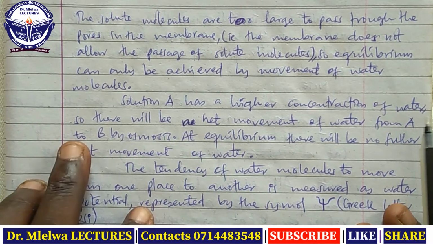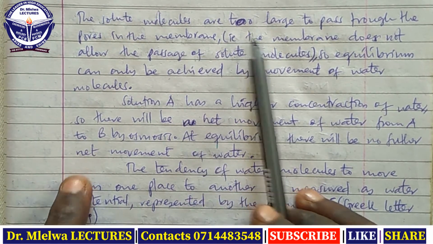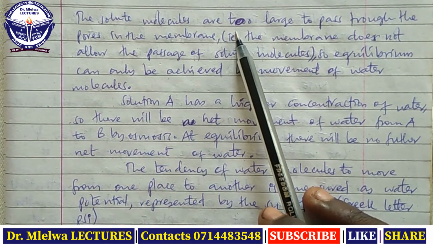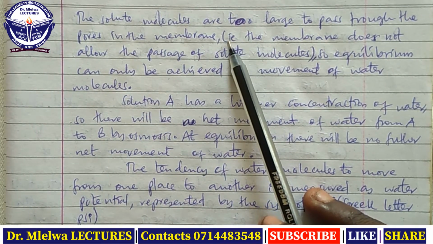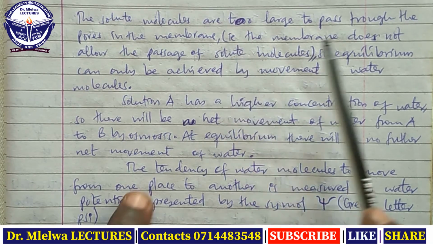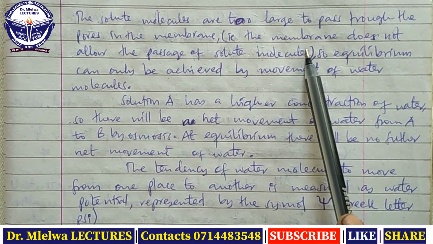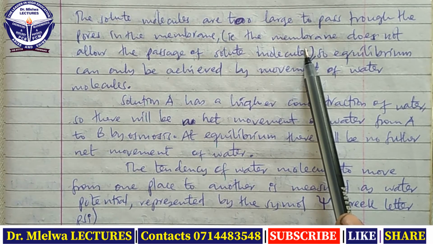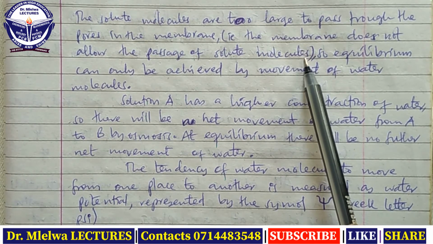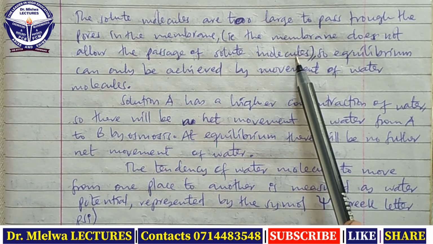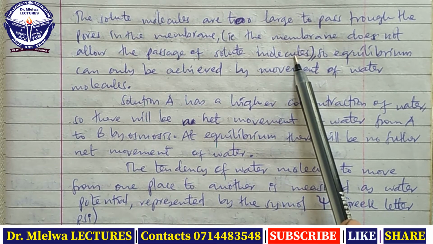Now we are saying that the solute molecules are too large to pass through the pores in the membrane, which is shown in the diagram previously, such that the membrane does not allow the passage of solute molecules. The semi-permeable membrane is also called the partially permeable membrane because it allows the movement of only a few molecules.